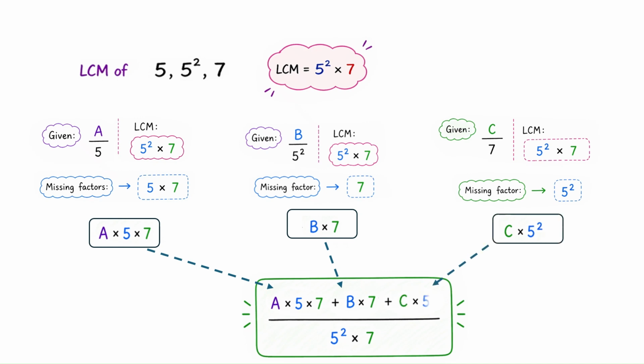Now all denominators become same. So final answer is a into 5 into 7 plus b into 7 plus c into 5 square whole divided by 5 square into 7. Now let us connect this same idea to algebra.